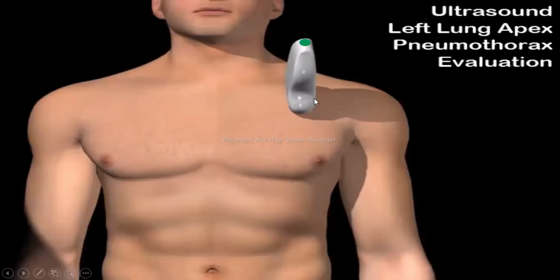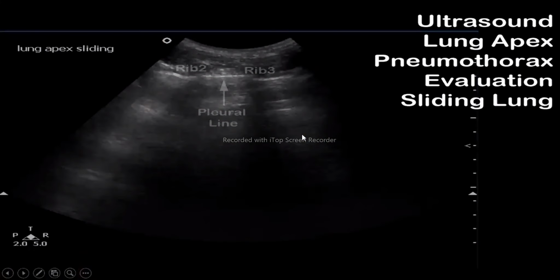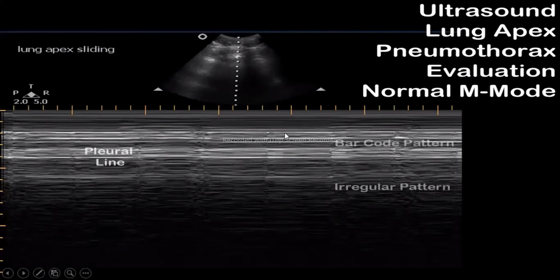This one is for EFAST, for pneumothorax. It will be in the upper part, here or here. So this is rib 3, rib 2, and the pleural line, shiny. Which one is normal, guys? This one or this one? The pleural slide is the normal one.